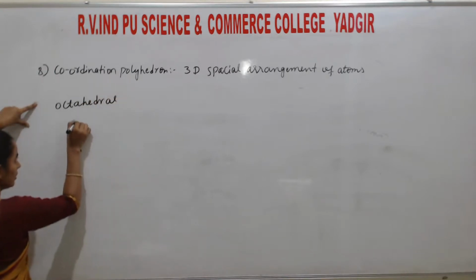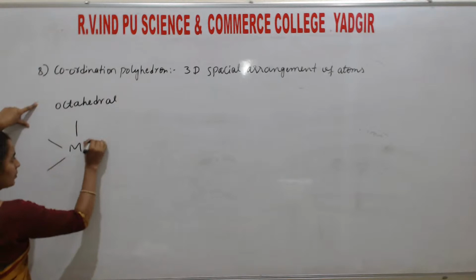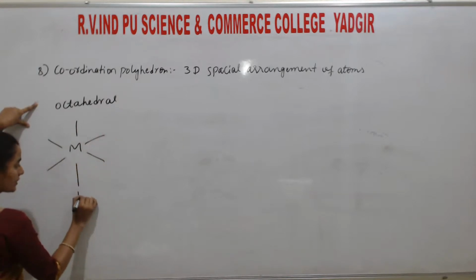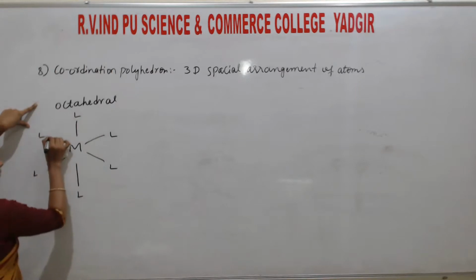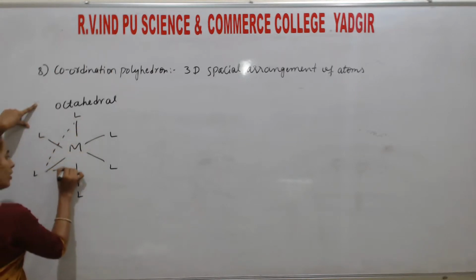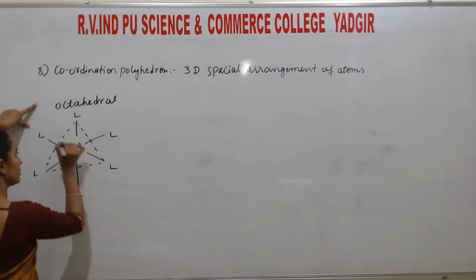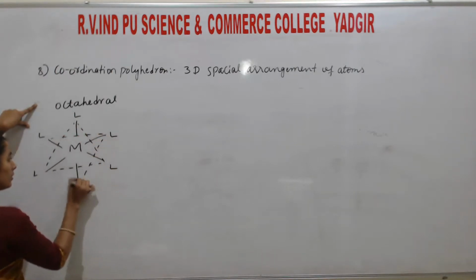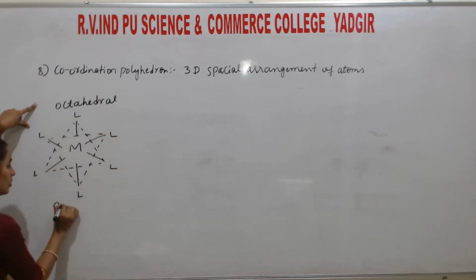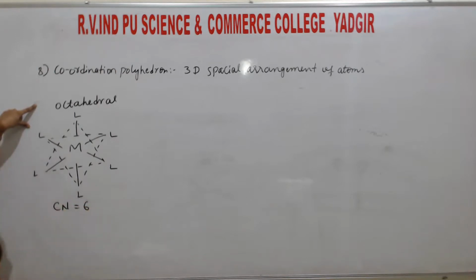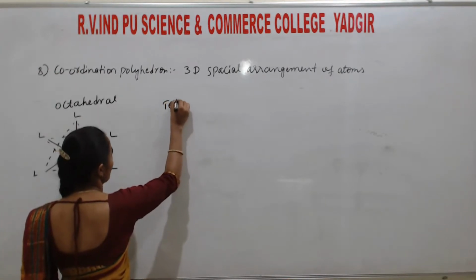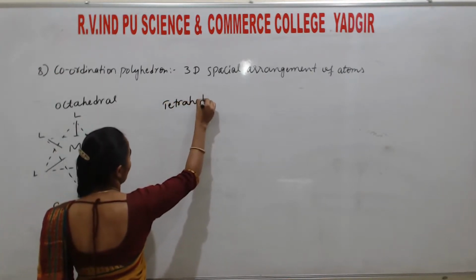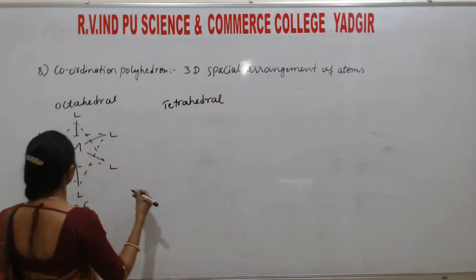M is there. If it is bonded to this type of ligands, then you form an octahedral structure. So for this, coordination number is 6. Okay. Next, tetrahedral.